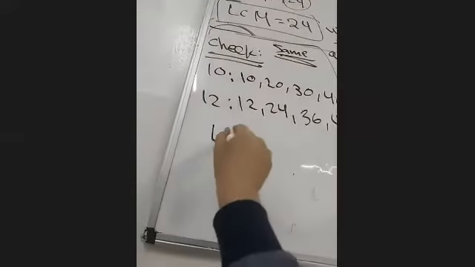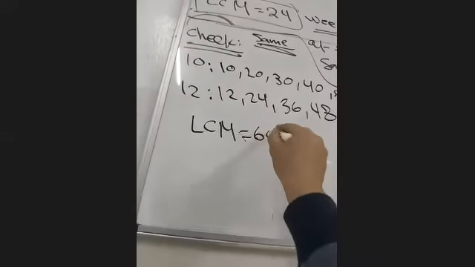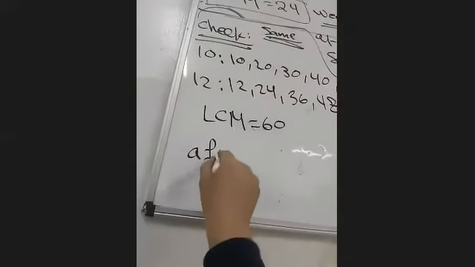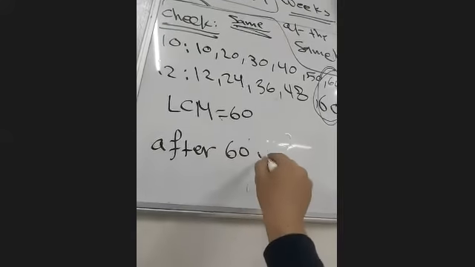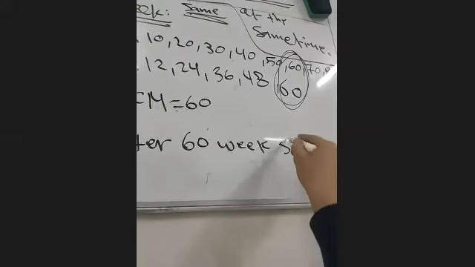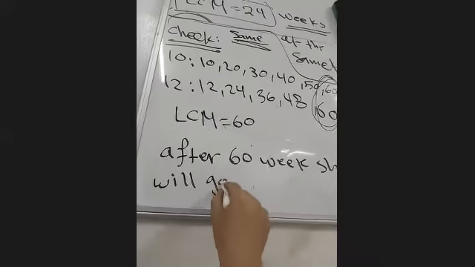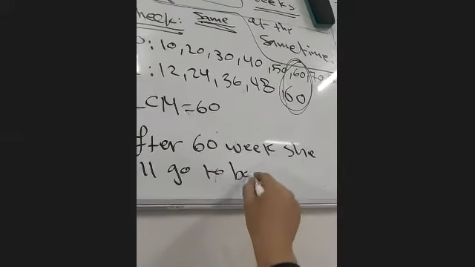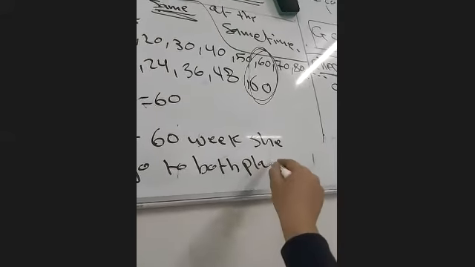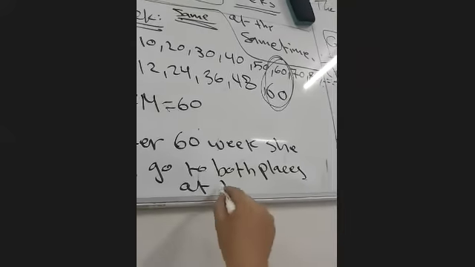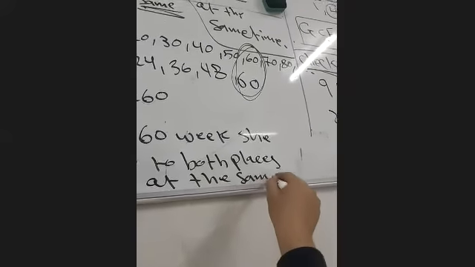So the least common multiple is 60, which means after 60 weeks, she will go to both places at the same time.